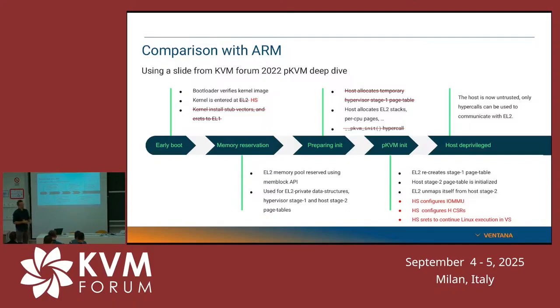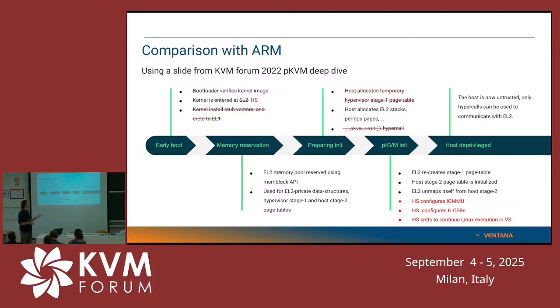We need to reserve the memory for pKVM because we still need the page tables for isolation. And then we don't need the temporary page tables because we just split when everything is correctly prepared. But we do need the stacks and per-CPU pages. And then the pKVM init hypercall, which does the setup, isn't really needed because we can do it all in HS mode.